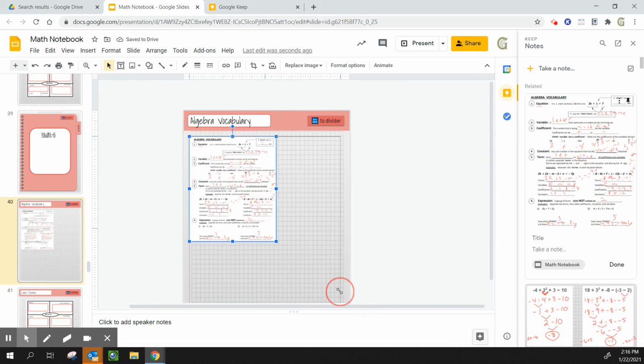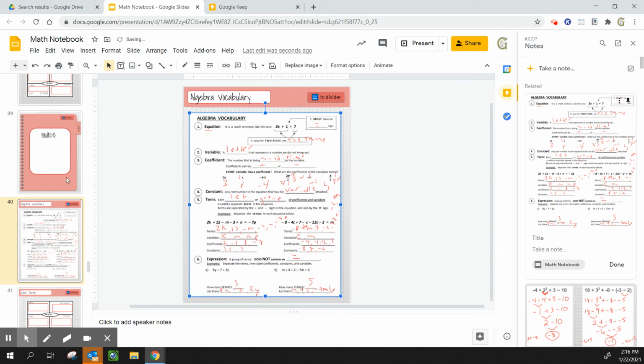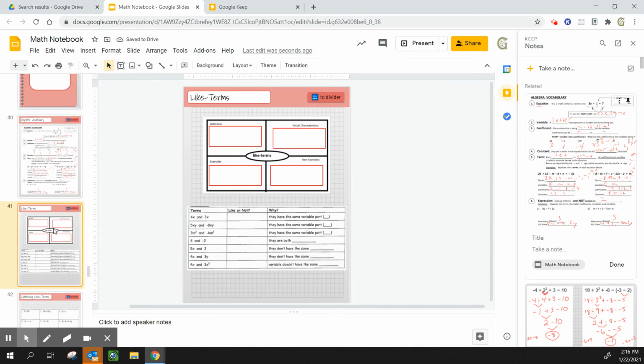Then we're going to do one more page before we finish here. So the next one is like terms. And so for this one, we need to kind of fill in the idea of like terms so that we can use that to help us with what we're going to do tomorrow.